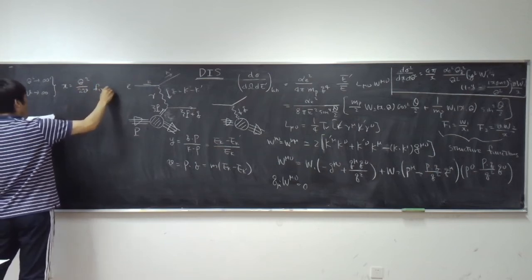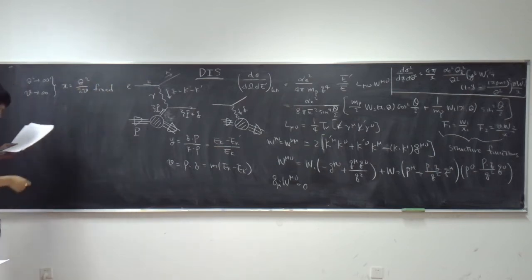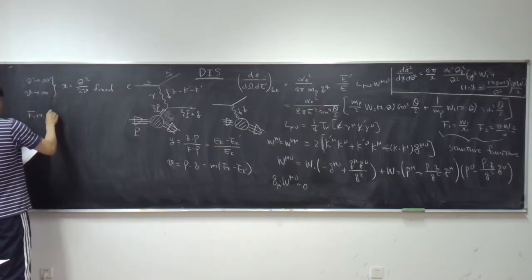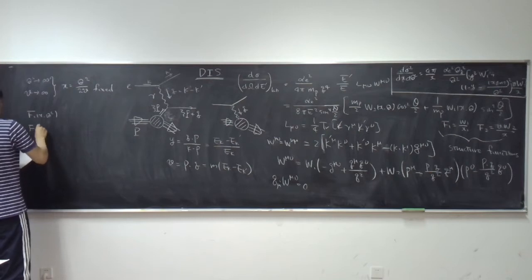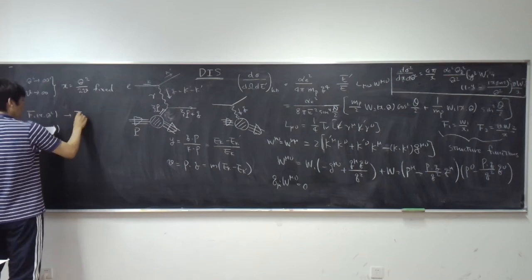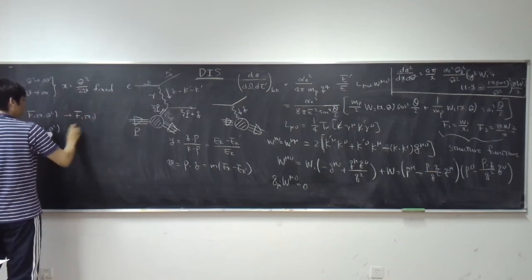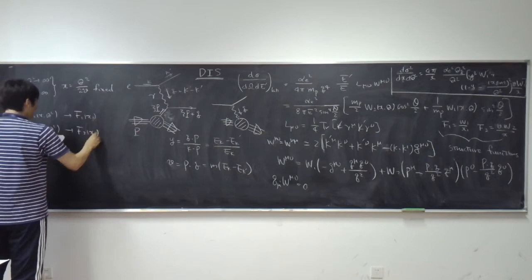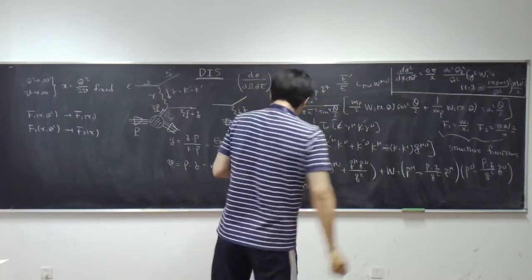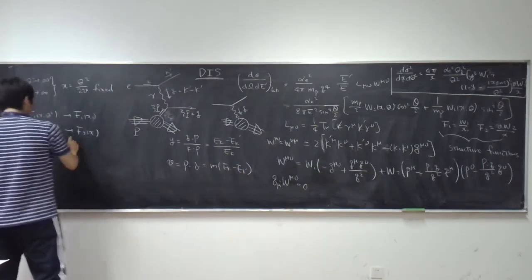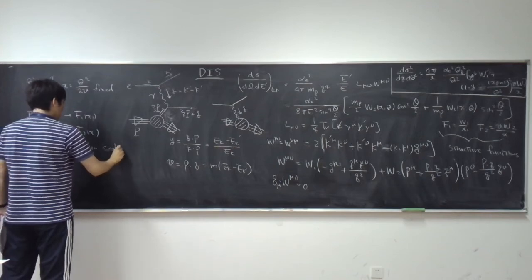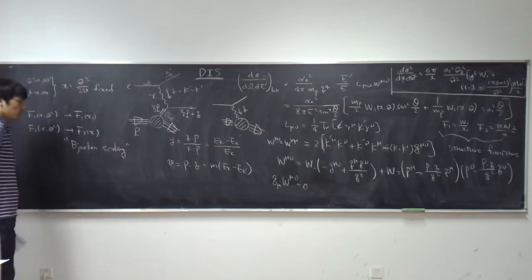This is called a double scaling limit. Then F1 and F2 become functions of x only, and this is going to be Bjorken scaling.